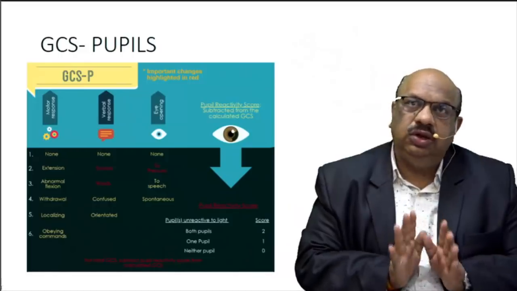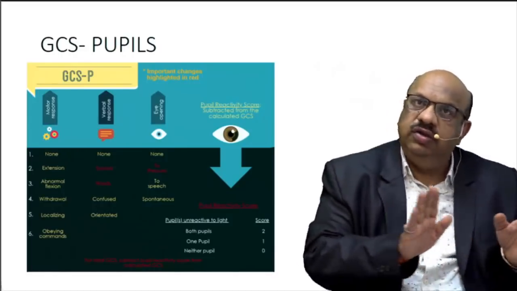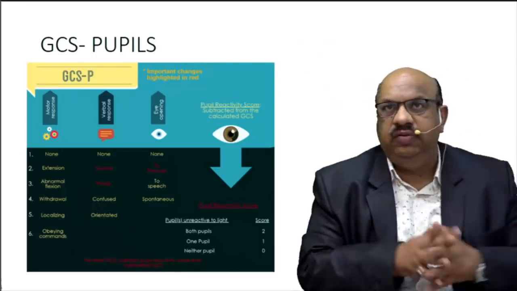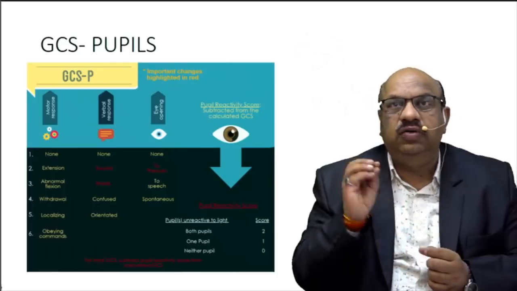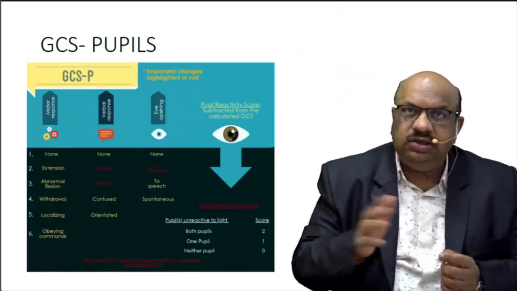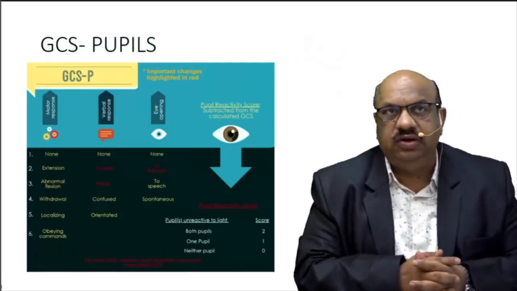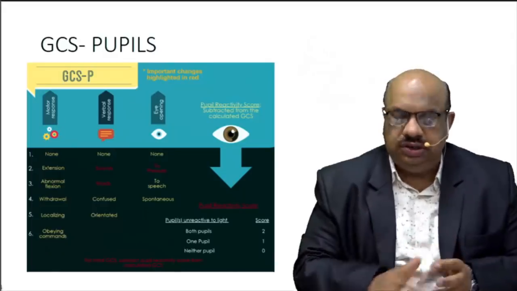And if both pupils are normal, reacting to light, then it is 0, so the normal GCS 9 will remain. So either 1 or 2, depending on whether one pupil or both pupils are not responding, you deduct this number from the GCS, and then you get the final score. That is GCS-P. So this is the 2016 change.